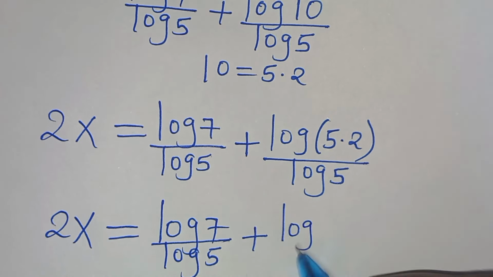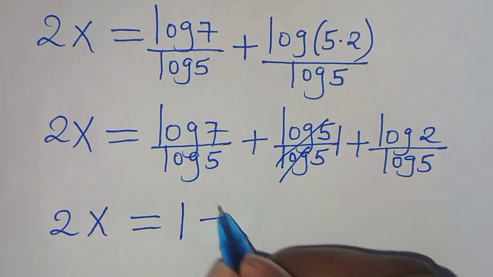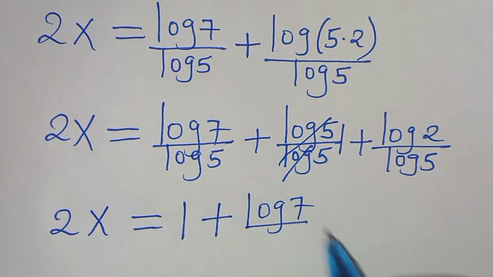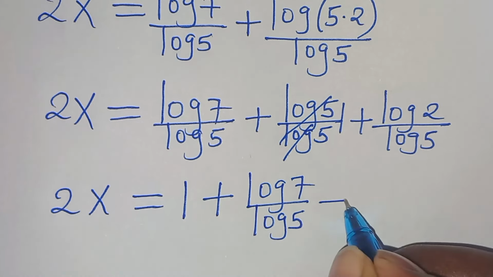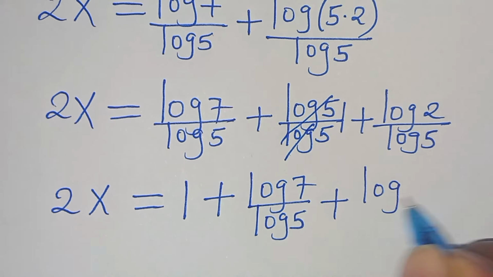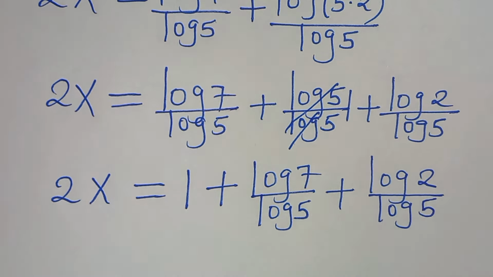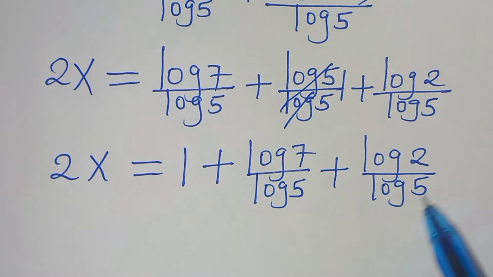The next step here is to simplify log 5 and log 5 here, so that we have 2x. This is the same thing as 1 plus log 7 divided by log 5. Then plus here we have log 2 divided by log 5. So we have that log 7 over log 5 and log 2 over log 5.